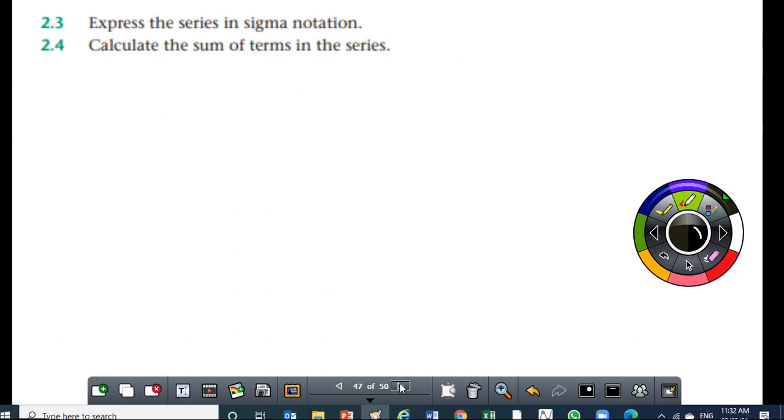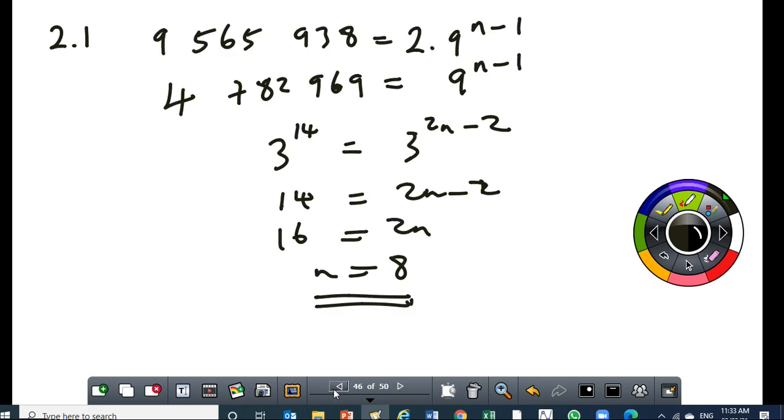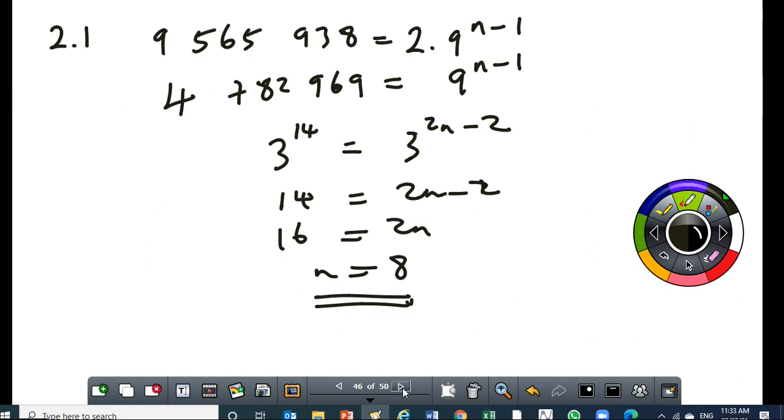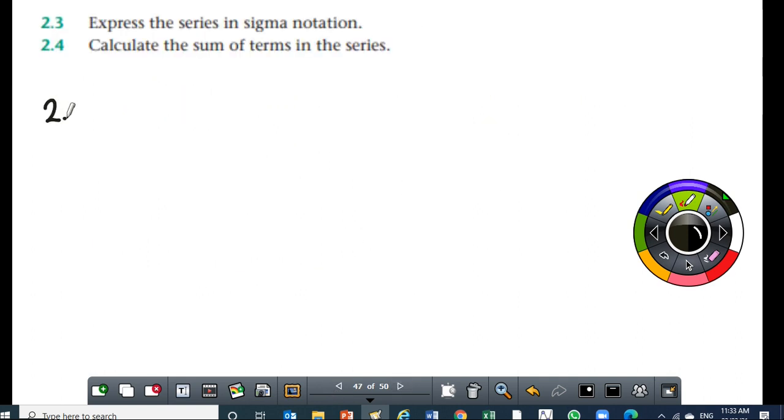Let's move on to the next one. Then 2.3 says express the series in sigma notation. To express the series in sigma notation, remember, we have to write it this way. I'm just going to write the answer. So for 2.3, we say sigma.